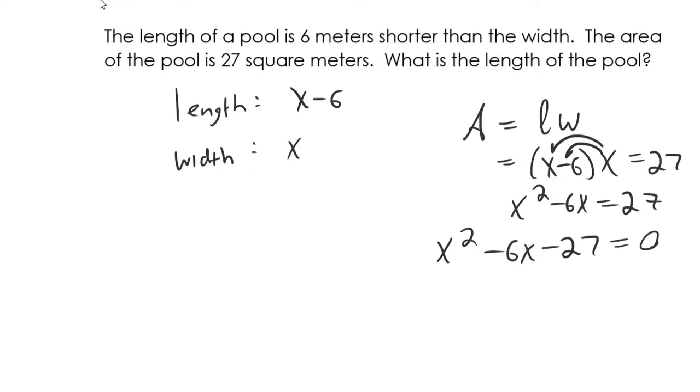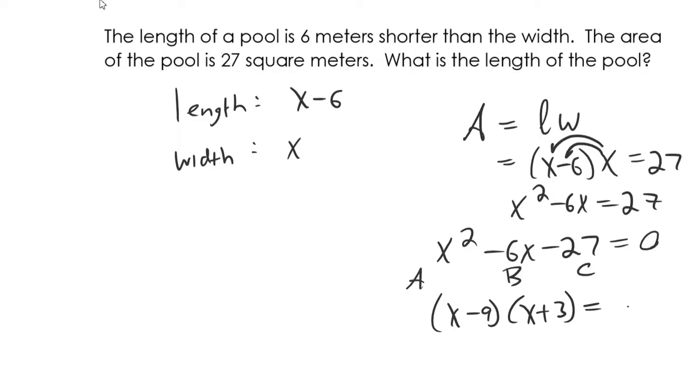This is BC factoring now. We just did a video on AB factoring the other day, and also ABC factoring. This is BC because there's no number in the A spot, but there are numbers in the B and C spot. And for BC factoring, you need 2 numbers that add to B and multiply to C. The 2 numbers that add to negative 6 and multiply to negative 27 are negative 9 and positive 3.